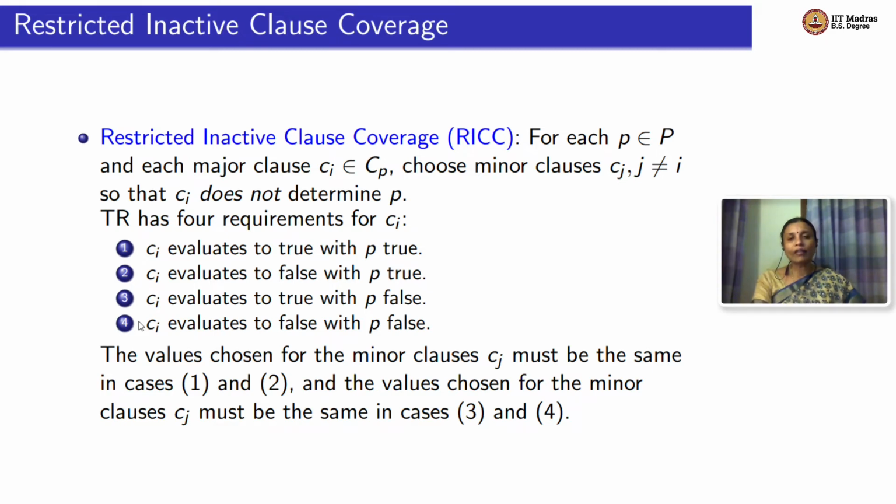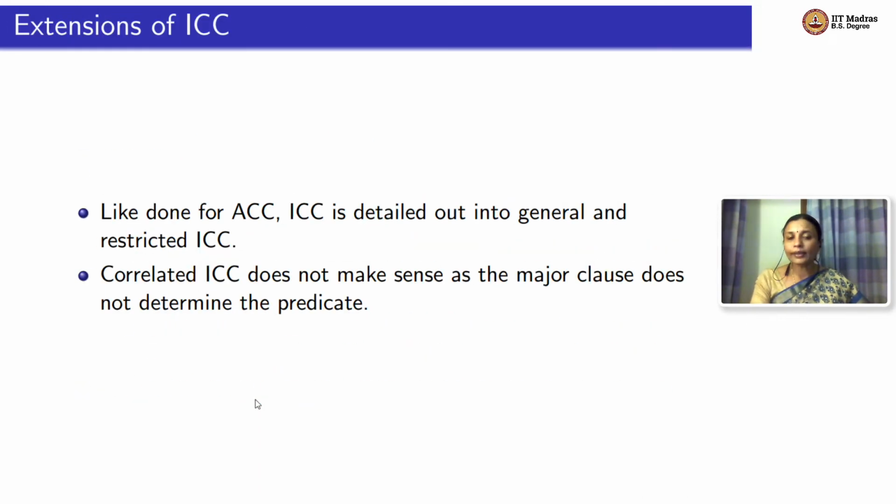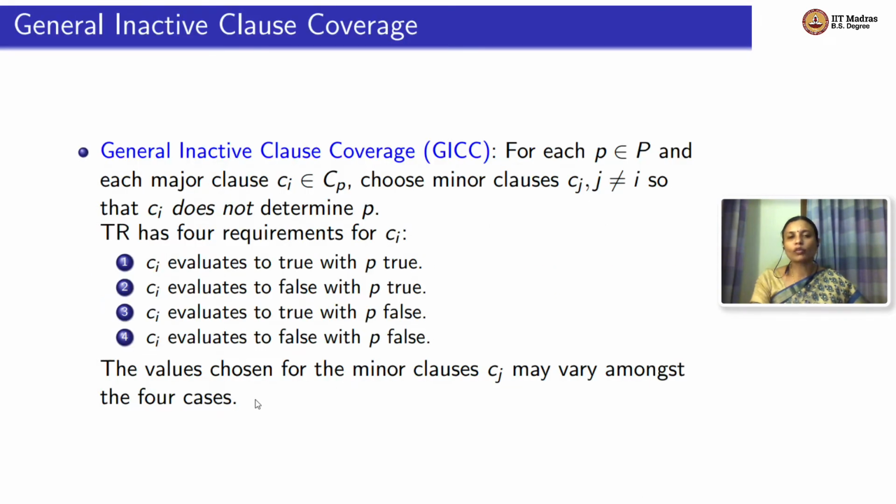So, what do we have? We have inactive clause coverage criteria like this. Major clause does not determine the predicate. The test requirement has four options for major clause evaluating true to false and the predicate becoming true and false independent of the major clause. And the correlated ICC does not make sense. So we define general ICC where there are no conditions imposed on the values of the minor clauses.